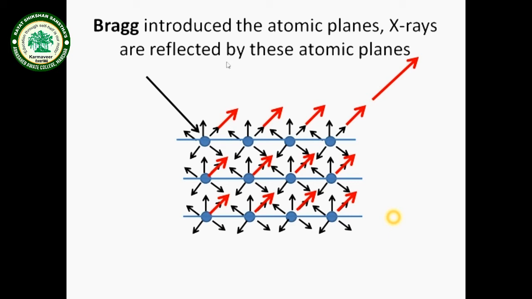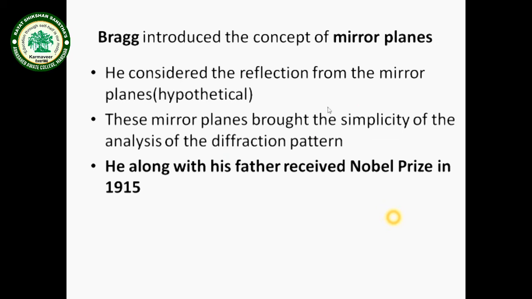So he made the change by calling different atoms atomic planes. And according to him, X-rays are reflected by these different atomic planes. These atomic planes he called mirror planes as well.